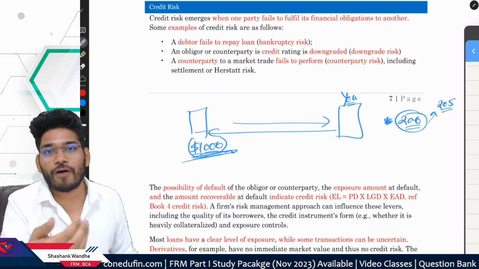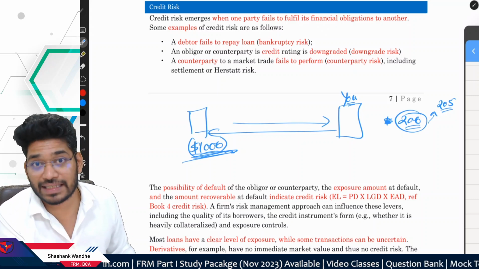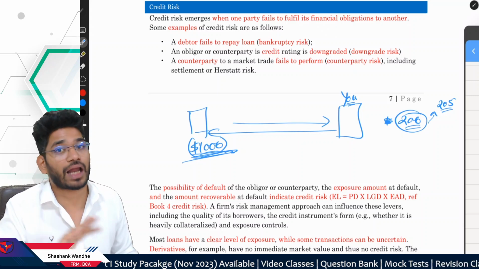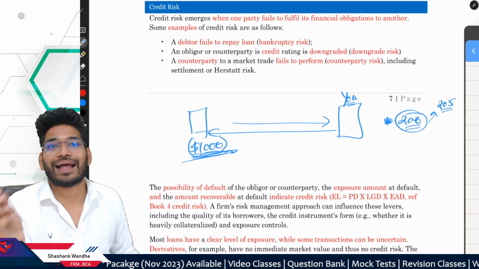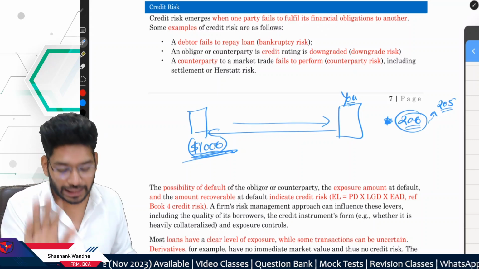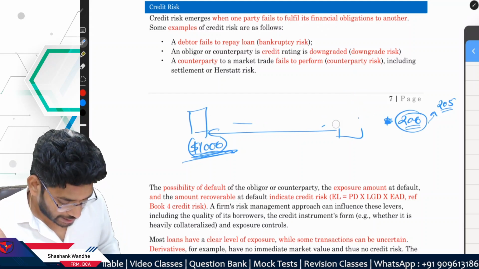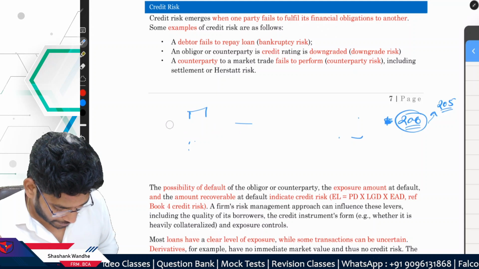So there is a risk of your receivable not being received, receivable meaning the amount you're supposed to receive from me. Now you are not getting that. This is also a risk, and this risk is also covered in credit risk only. Still, this is not the lending business, but there is credit risk.